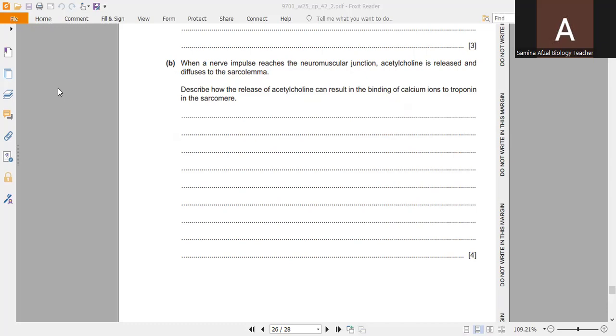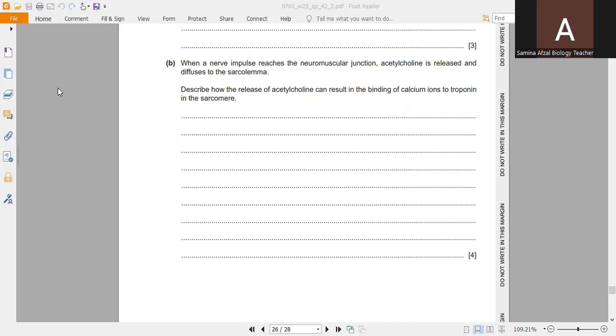So the action potential propagates along the sarcolemma and deep into the muscle fiber via T tubules, and then the sarcoplasmic reticulum. What happens with them?